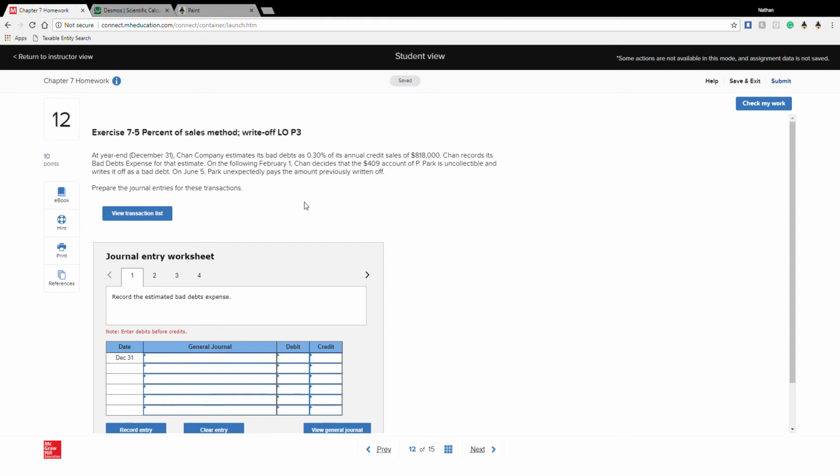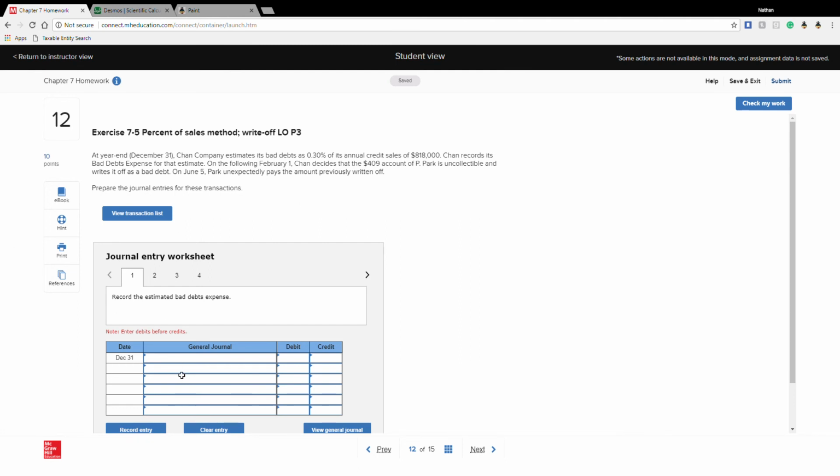On the following February 1st, Chan decides that the $409 account of P Park is uncollectible and writes it off as a bad debt. On June 5th, Park ends up paying off the loan. Always when we write it off, seems like they pay it off. We need to write off more bad debts. Get more money.